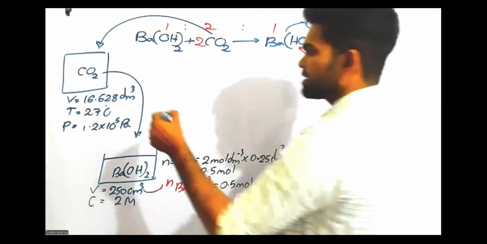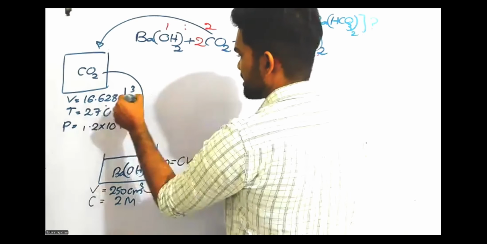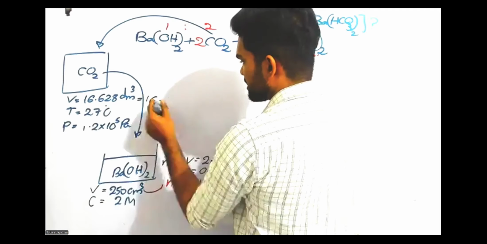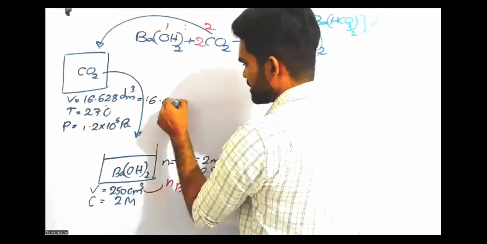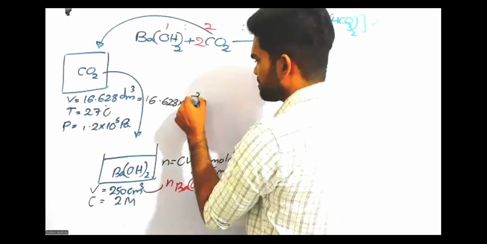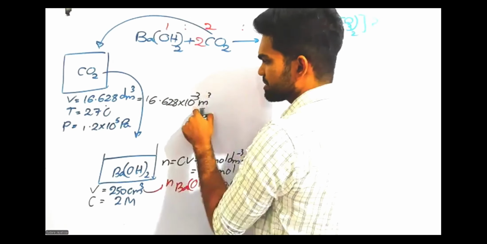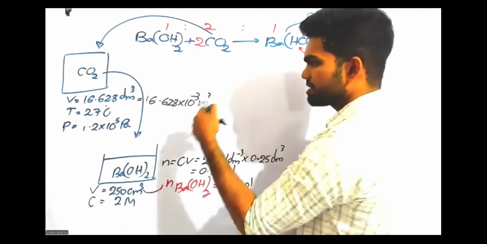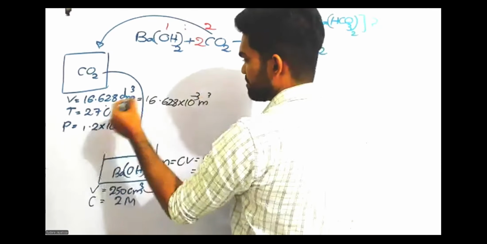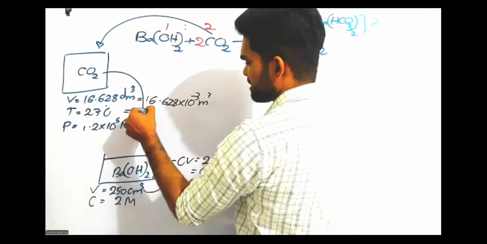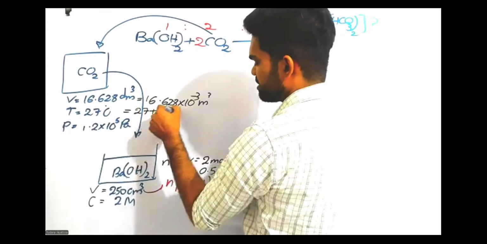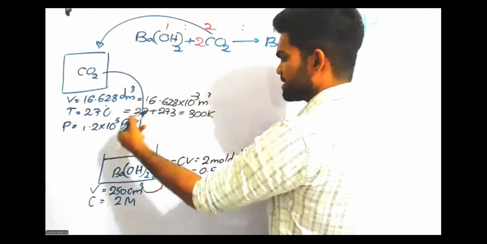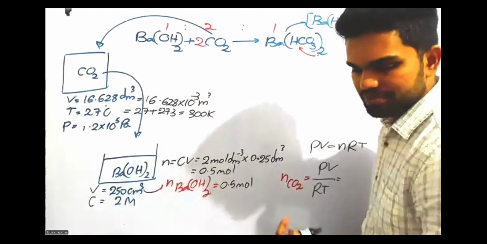That means we can't use this decimeter value. Instead of that, we have to convert it into cubic meters, so into 10 to the power minus 3. Divide this by 1000, then you can convert it into meter cube. Just remember those things. And temperature, we have to convert into Kelvin. So add 273, it's going to be 300 Kelvin. And pressure you can use in Pascal.